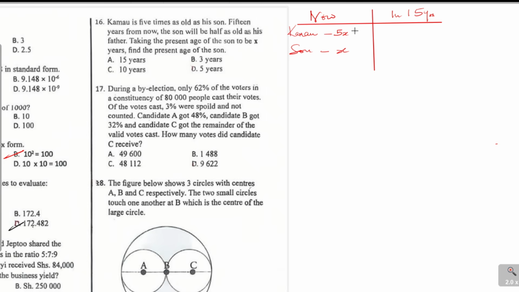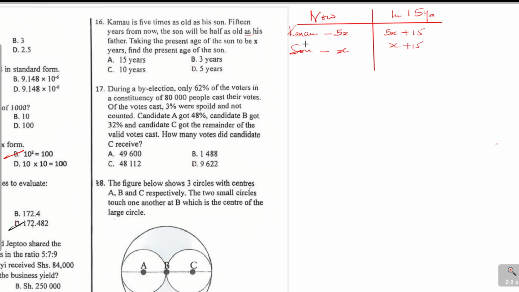Then we go to the other statement. 15 years from now, Kamau will be 5X plus 15 years. The son will be X plus 15 years. You're told that the son will be half as old as his father. So that means the father will be twice as old as his son.